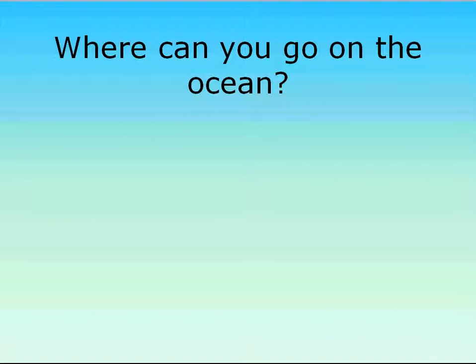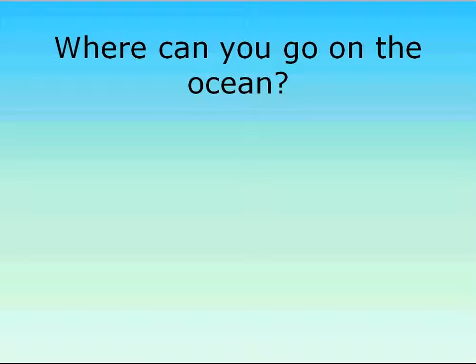Okay. So traditionally, was there any place that you were excluded from going on the ocean? If you own a farm, nobody else can come and take the produce that you're growing on that farm, but can somebody go into your patch of ocean and take your fish?